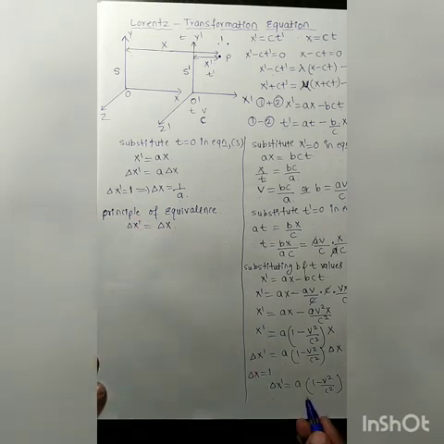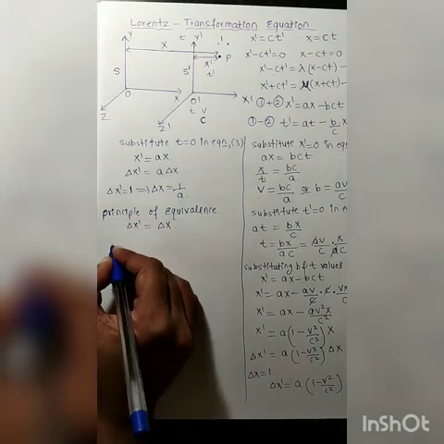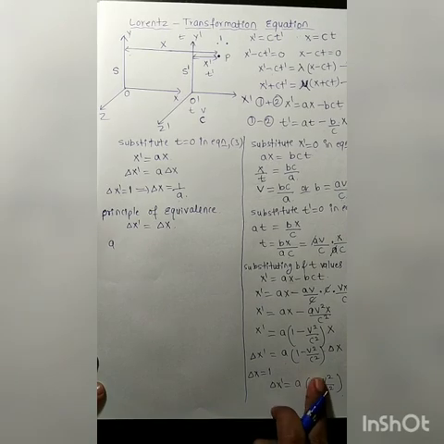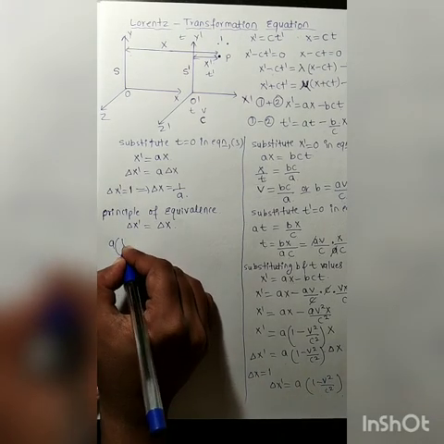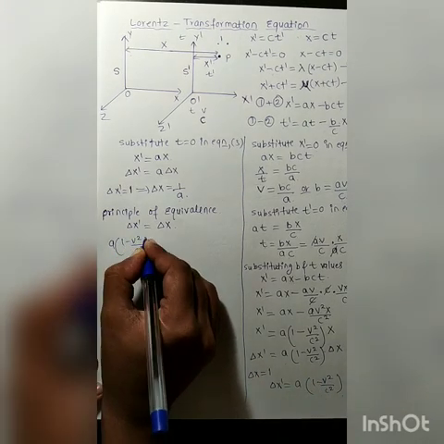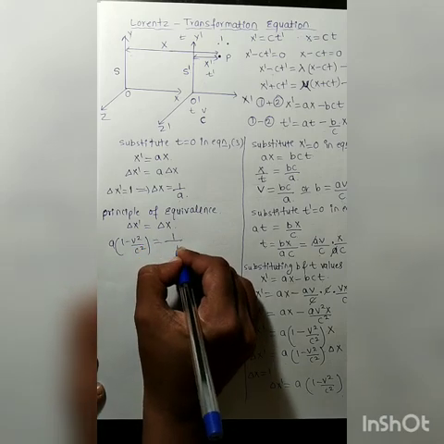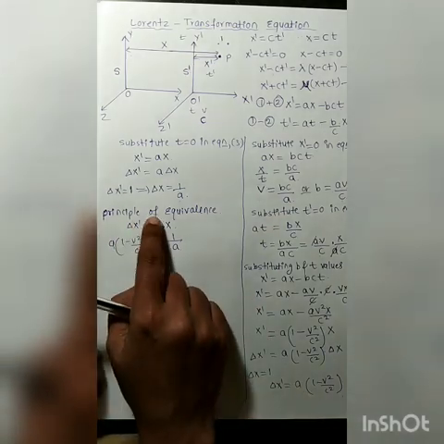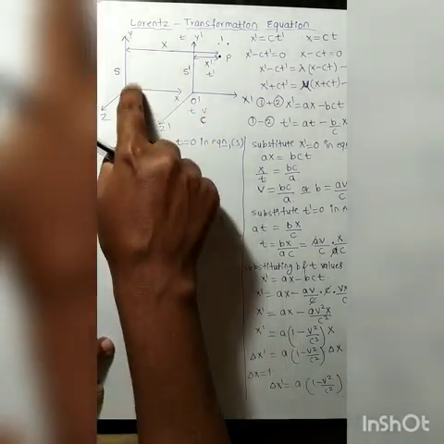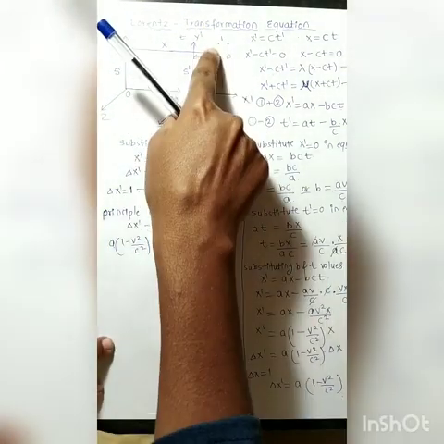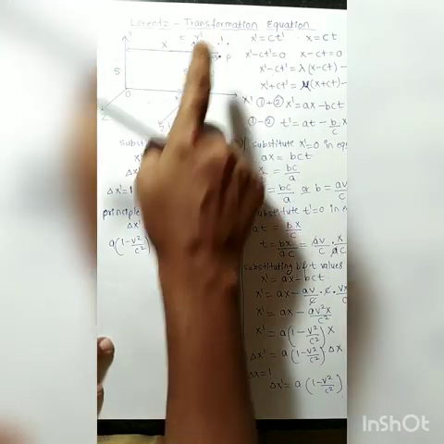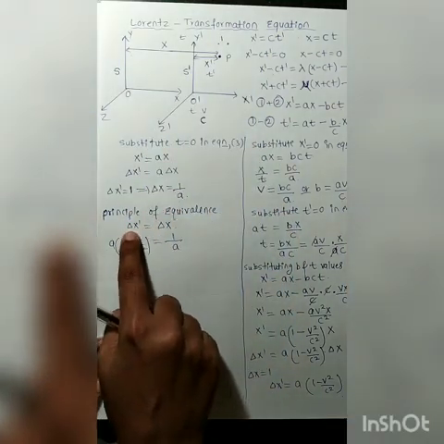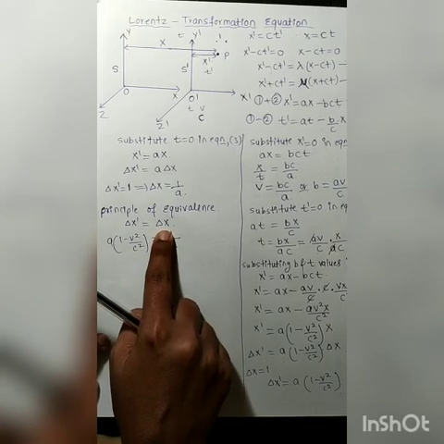So what we will get, delta x dash value means this, that is a into the bracket 1 minus v square by c square, which is equal to 1 by a, because delta x is equal to 1 by a, because according to the principle of equivalence, for both the frames of reference, if it is looking like 1 unit, then what will be the changes? So the changes should be what? Constant. It should be same.